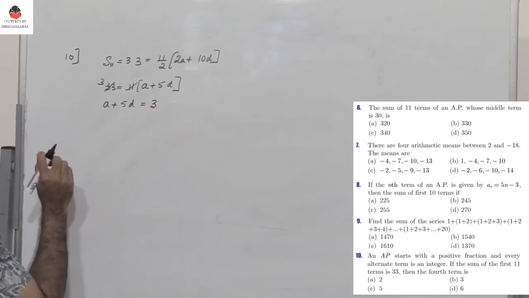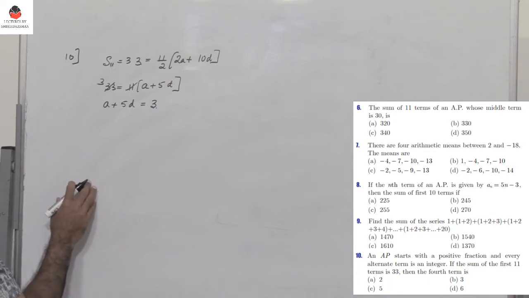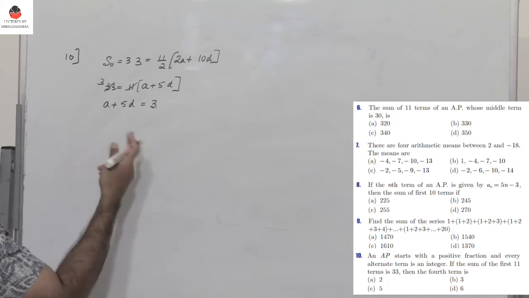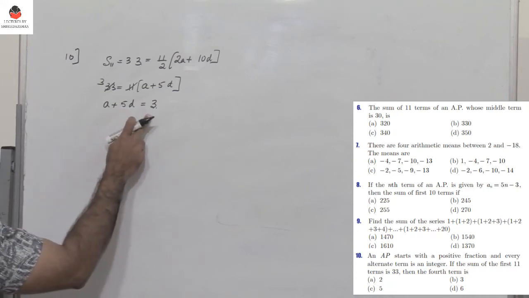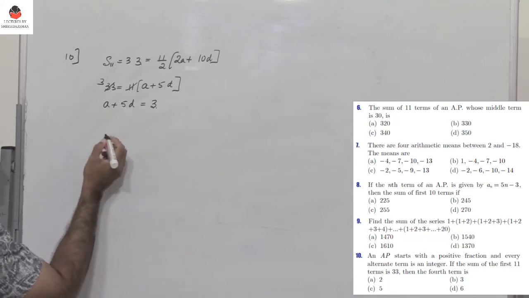Now given that the arithmetic progression starts with a positive fraction and every alternate term is an integer. So we know that a plus 5d equals 3, right? So therefore it is starting with a positive fraction.